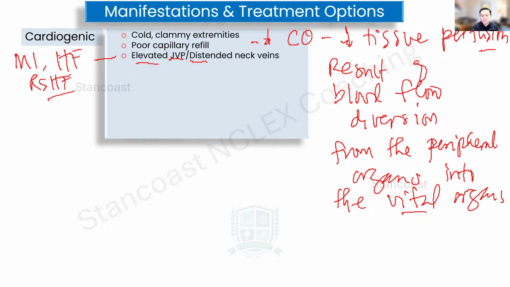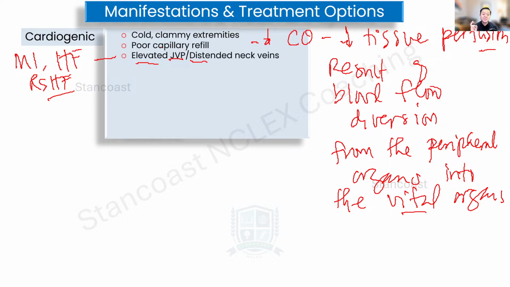Right-sided heart failure. Remember about that. Whenever there is a failure on the left ventricle, it can cause overwhelming pressure into the lungs. And of course, if this progresses to more problems inside the lungs, it can also lead to right-sided heart failure. And so the patient here will have an increase in the pressure inside the venous circulation.